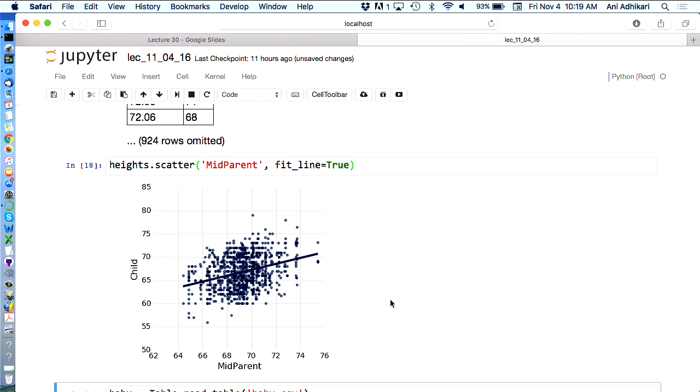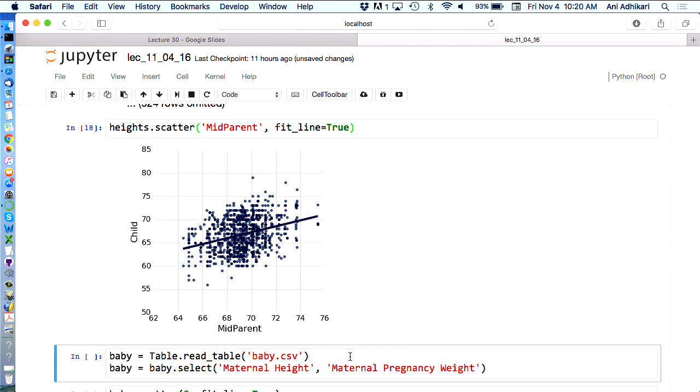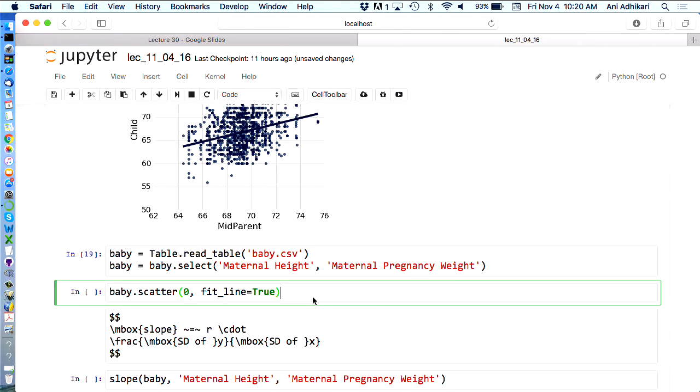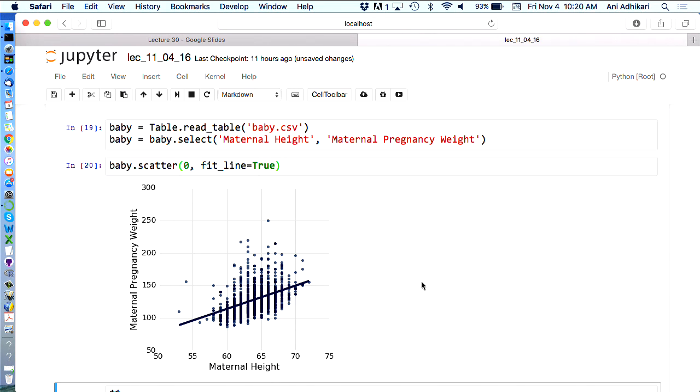Okay. And so now, this is a little finish-up from last time. What I would like to do is look at the slope of the regression line, and we'll go back to our data set on mothers and babies. We have height as our predictor variable, and pregnancy weight is the thing that we're trying to estimate.